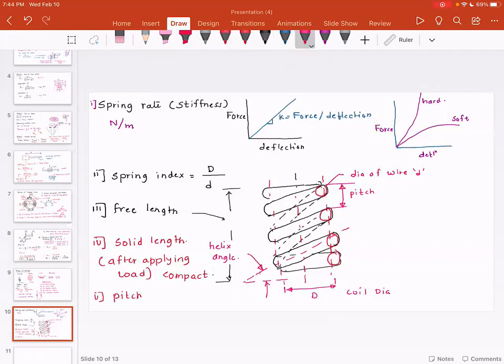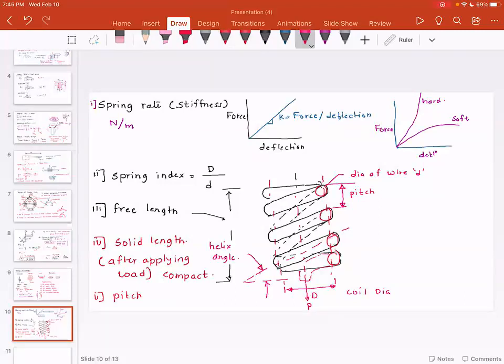Now, what I want you to think about is, if you apply the load on the spring, the spring gets loaded in direct shear, and the spring is also loaded in torsional shear.